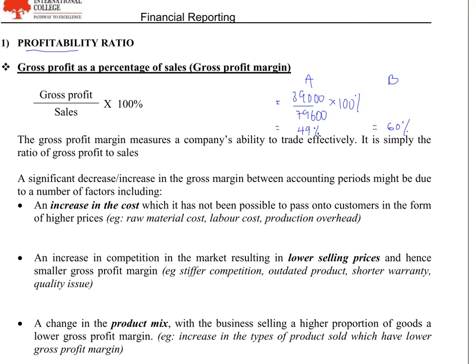What happened to company B? Company A 49, company B 60 margin. GP margin, focus on selling price, focus on the cost. What happened to the selling price?